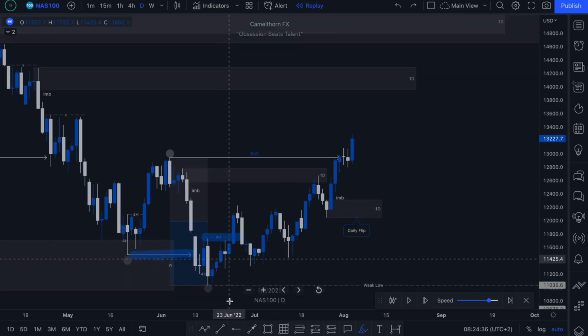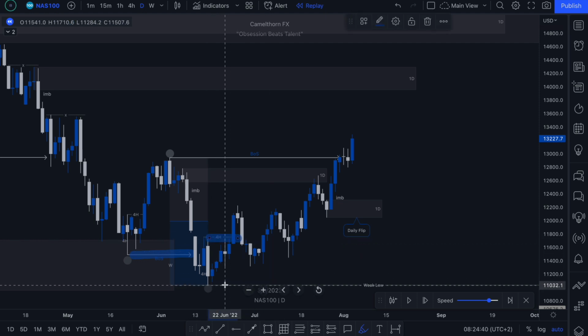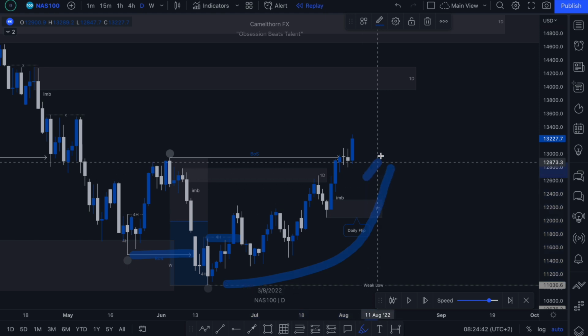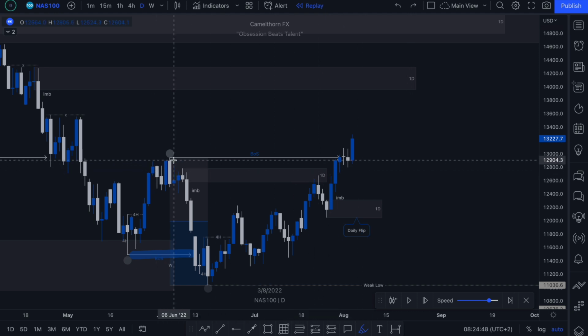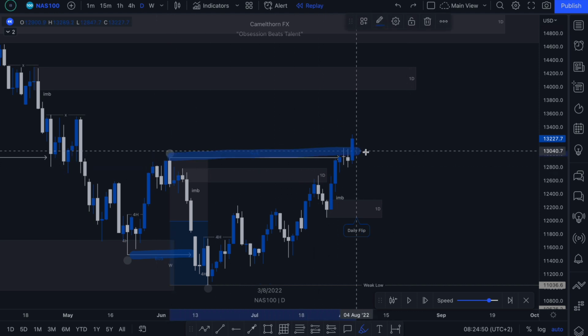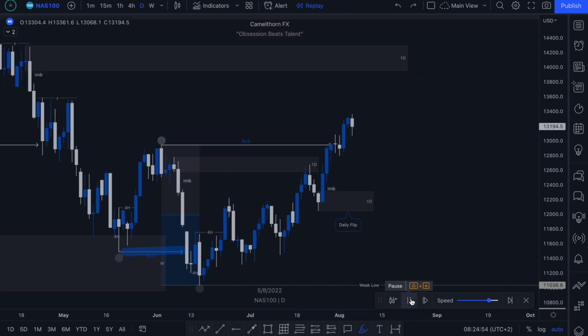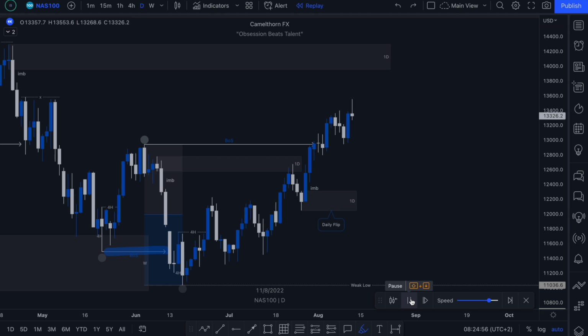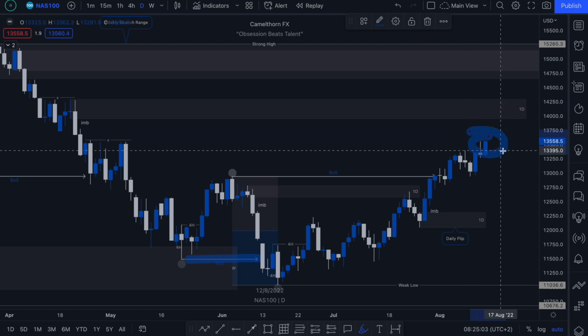And this 4-hour change of character was the first sign that we were in now a potential weekly bullish pullback. Okay, that weekly bullish pullback was only really confirmed after this bullish break of structure. So a lot of bullishness stepped into the market, and as we play price action forward, you can see that we kind of just continued and trickled up towards the point that we have right now.